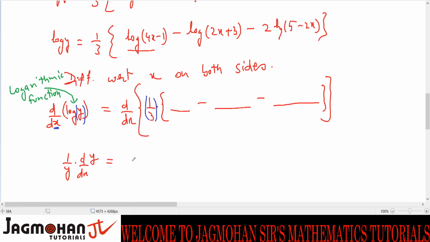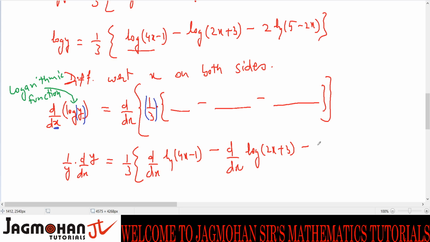And here, this 1 by 3 will go out, and you will write d by dx of each one of these. So d by dx of log 4x minus 1 minus d by dx of log 2x plus 3 minus d by dx of 2 times log of 5 minus 2x.